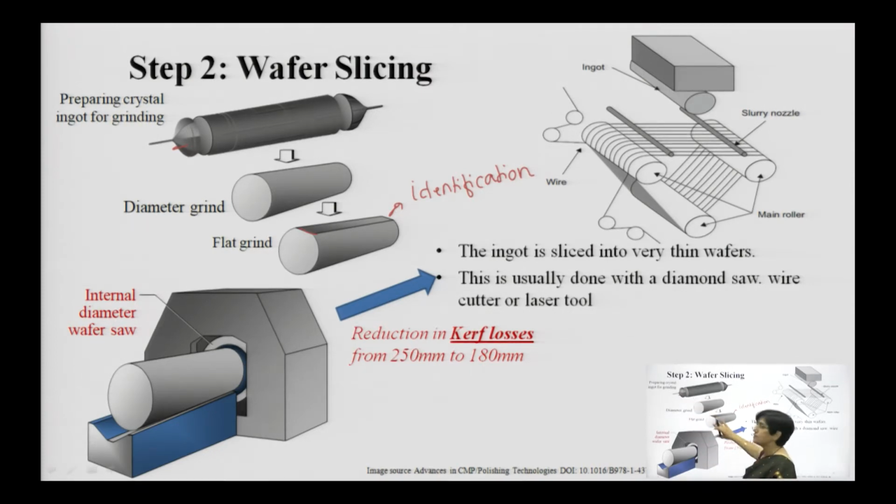Post these grinding processes and making your wood log, just like a wood log made properly circular, now it is the time to cut it into pieces. Now, when you want to cut it into pieces, the earlier method, from almost when VLSI technology originated till very recent, was the inner diameter saw. This inner diameter saw was basically cutting the wafers into uniform slices, just like we chop a banana or something like that.